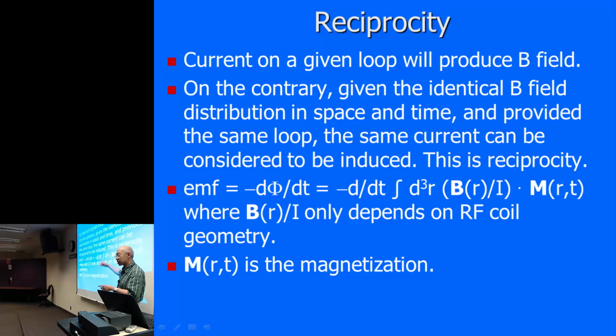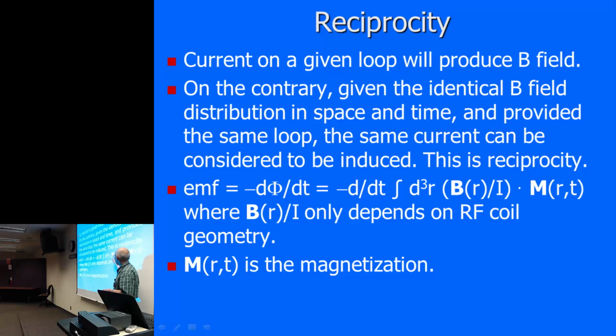This RF coil is this circular loop or the square loop we put there, which has an induced EMF, and it's the corresponding B field produced by this current. If I have some current in that coil, then correspondingly I will have this B field from this coil.